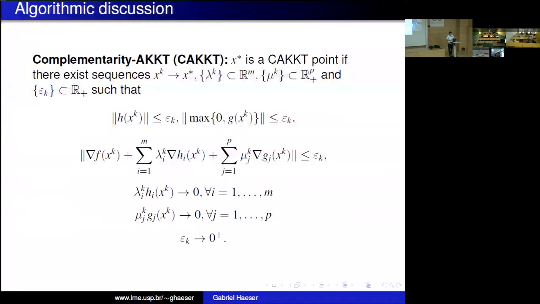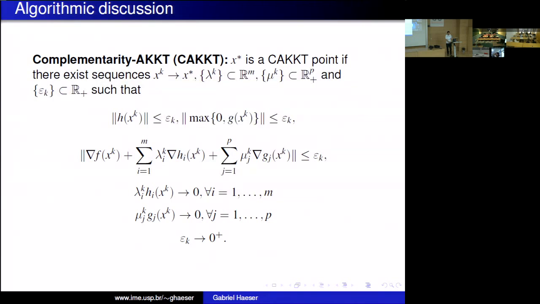So it defines this type of complementarity, approximate KKT condition, and it simply replaces the tests of complementarity by this one. Remember I said that the complementarity was something like: if the g_j of x^k was less than minus epsilon, then the multiplier should be 0.